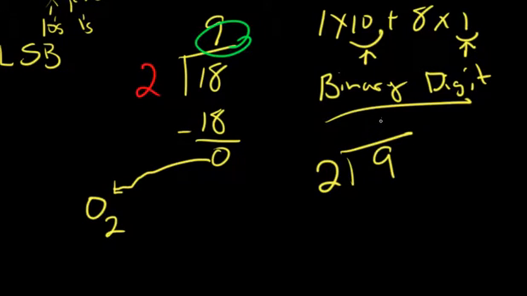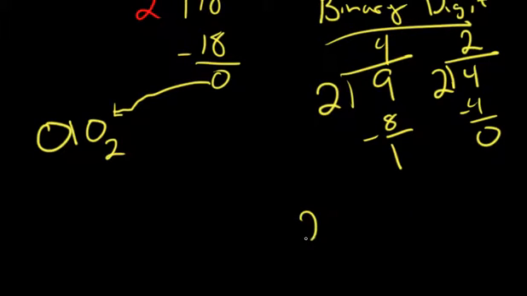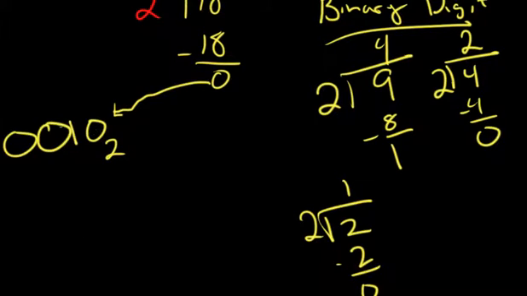So 2 goes into 9 4 times. 9 minus 8 is 1. So now we take the 1 and we put it next to the 0. Then we take 4 and divide by 2 again, and 2 goes into 4 2 times, and we get 0, and that 0 goes out front. Then 2 divided by 2 goes into it once, and 0, and we have 1 now.